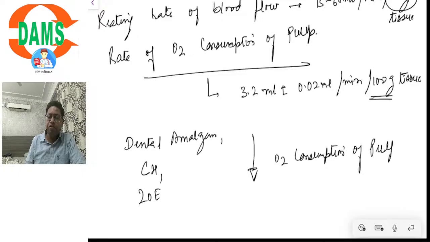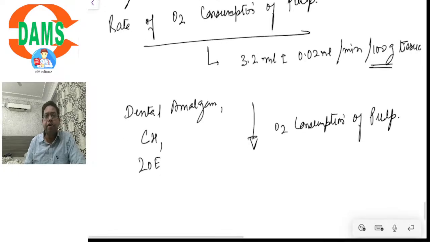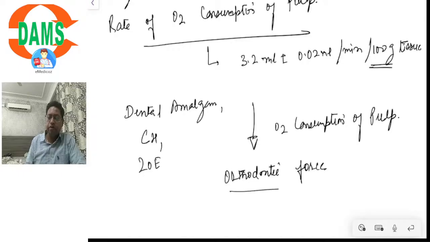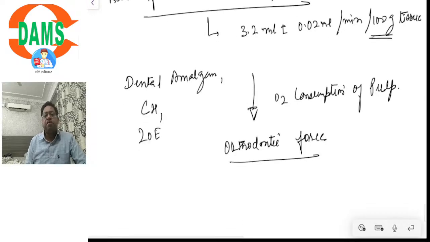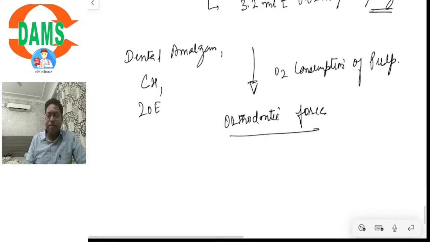Means they basically reduce the metabolic activity of the dental pulp. Similar is the orthodontic force. Okay. Presence of braces, orthodontic force also reduces the metabolic activity or rate of oxygen consumption of dental pulp.